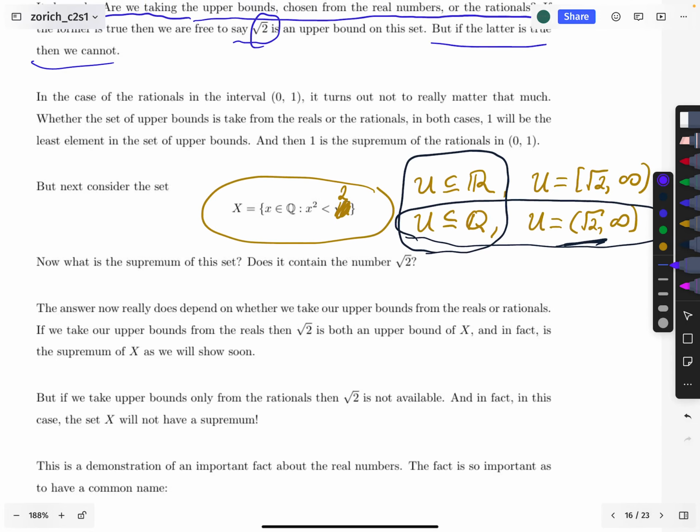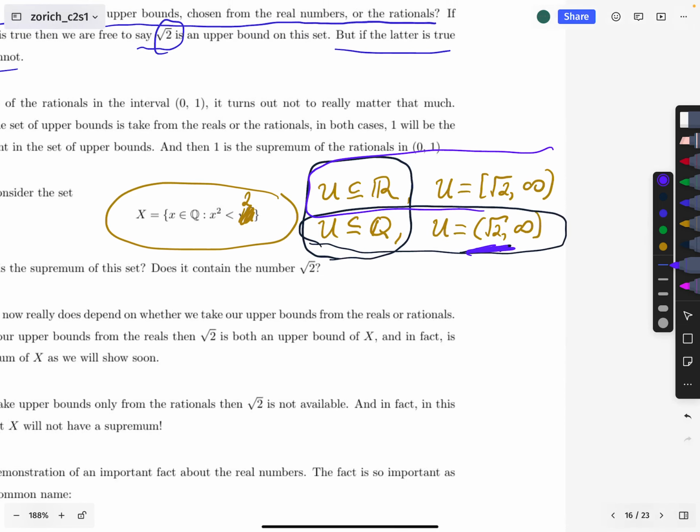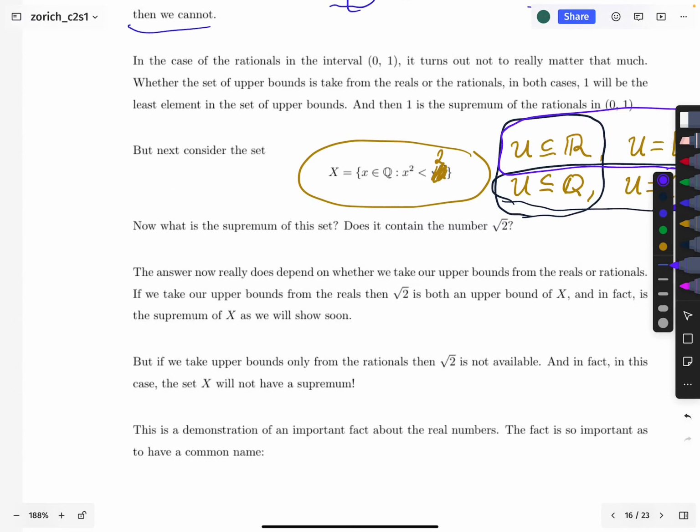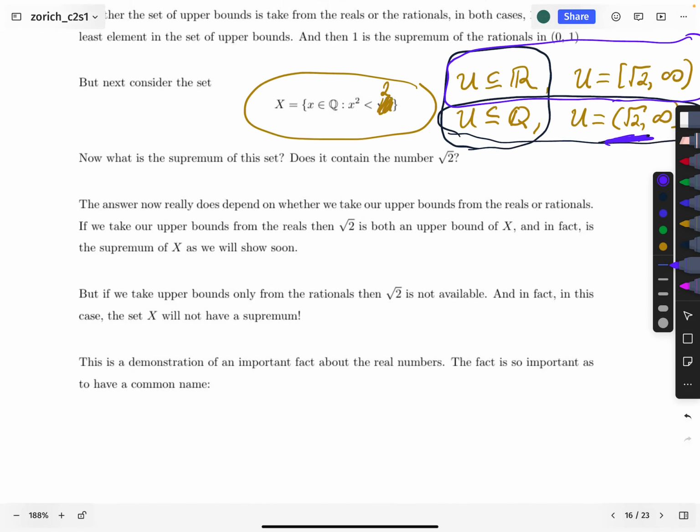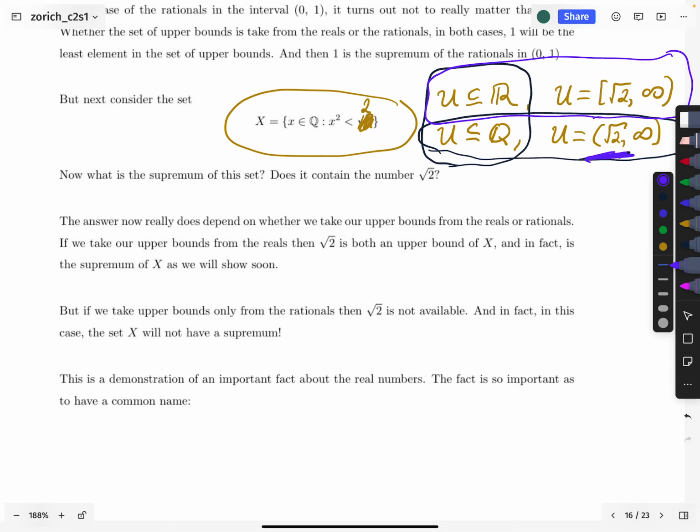The rational numbers tend to be gappy, in that the rational numbers are missing this number, which in a certain sense is like some point on the number line that you would like to have, but it's missing, whereas the real numbers sort of fill all the gaps. So when working with the real numbers, you are guaranteed that for a set that is non-empty and bounded above, its supremum will always exist, right?